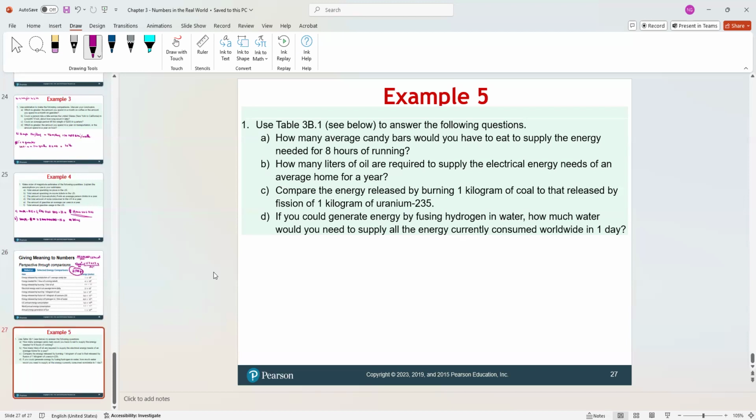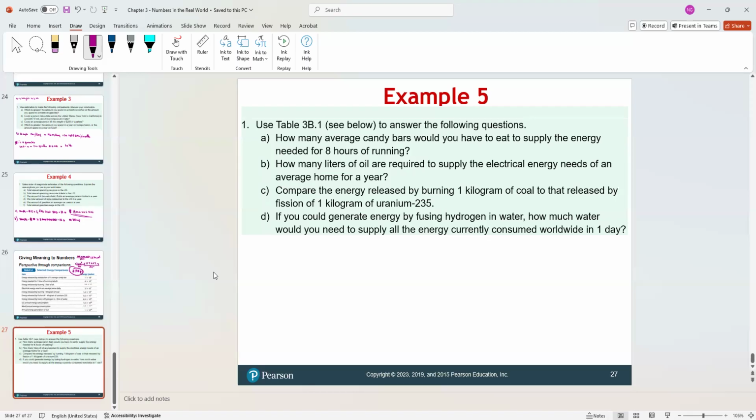Let's go with C. All right. Compare the energy released by burning 1 kilogram of coal to that released by fission of 1 kilogram of uranium 235.